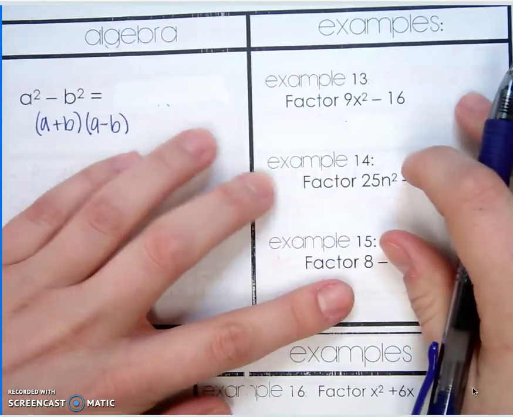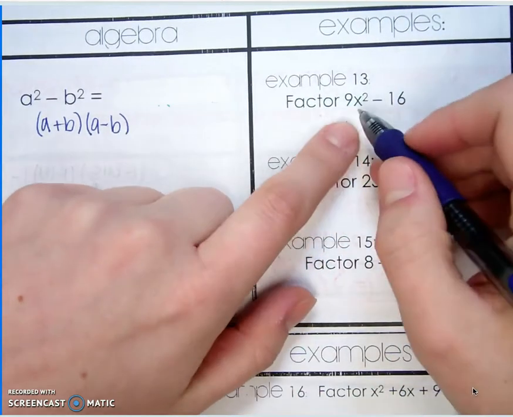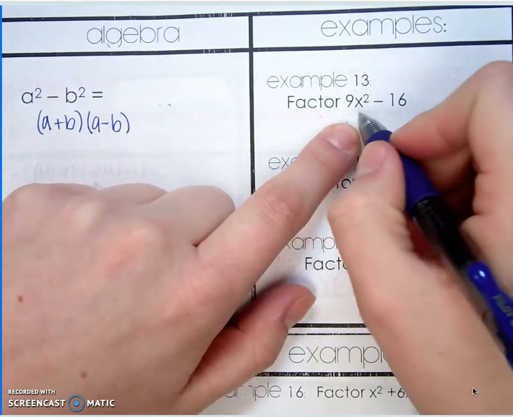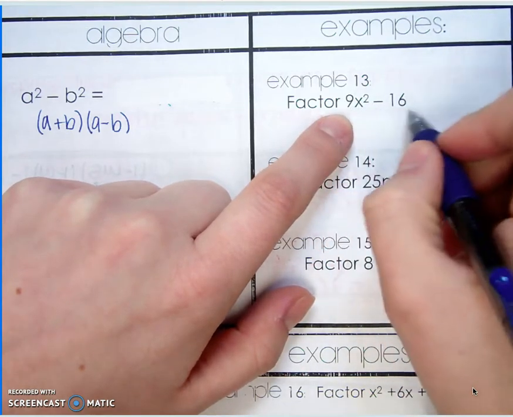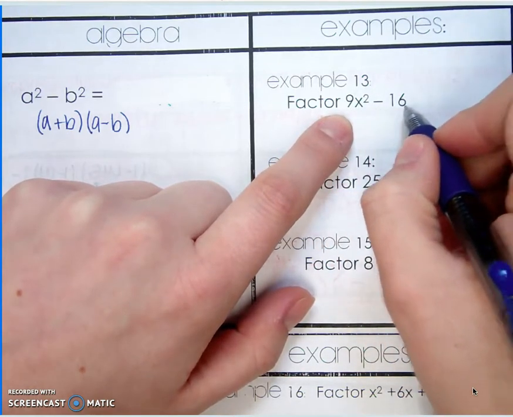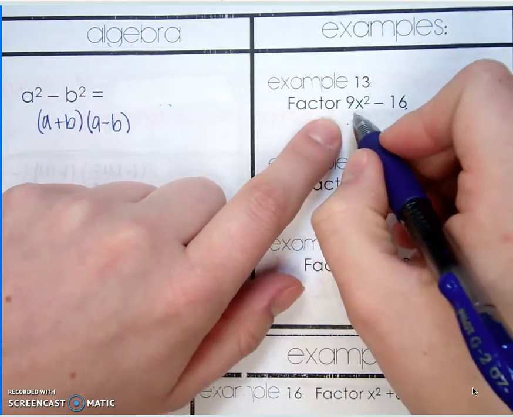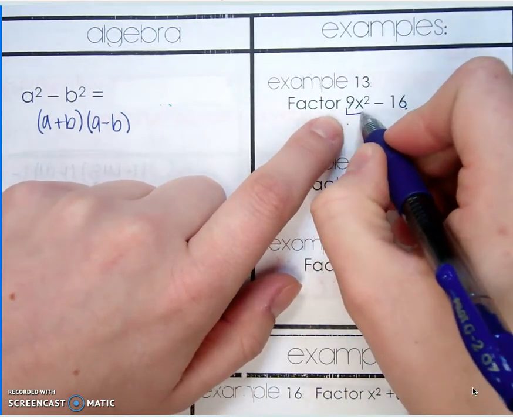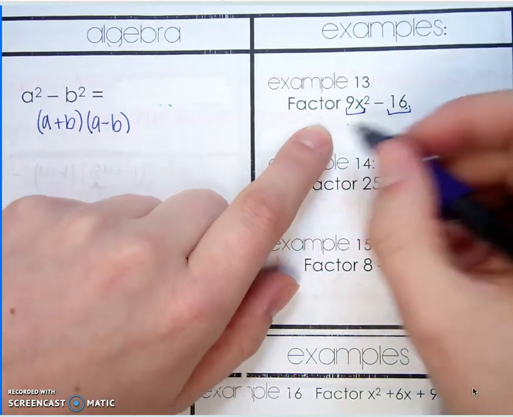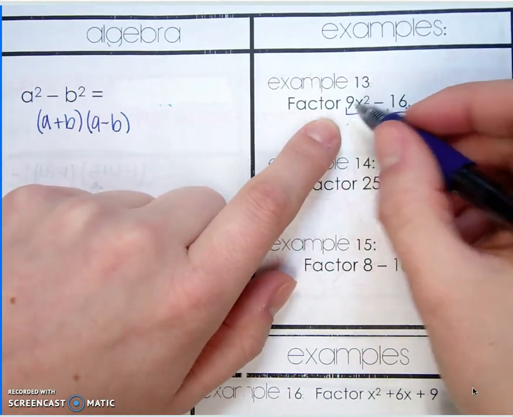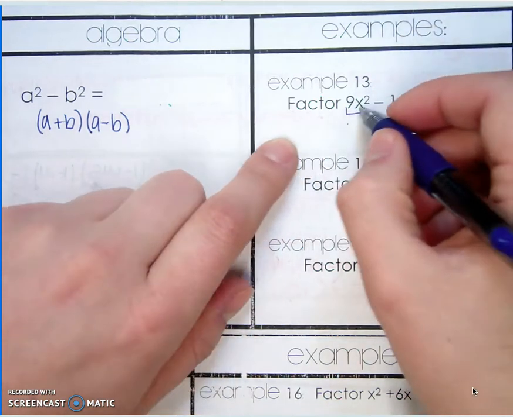Okay, so let's look at example 13. I'm going to look for two things. I need two numbers that multiply to give me this, and then two numbers that multiply to give me this, and they're going to be the same. So this is term a, and this is term b. So 3x times 3x will give me 9x squared.